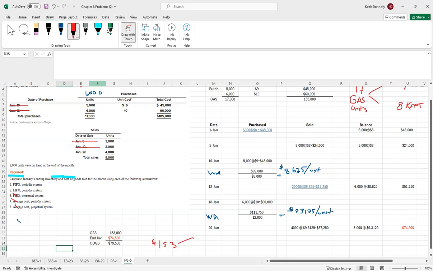Of that amount in dollars, 74.5 we kept, 78.5 we sold. That's different than what we calculated with periodic weighted average, and the reason for that is this figure wasn't fixed. It changed. We had to recalculate it.